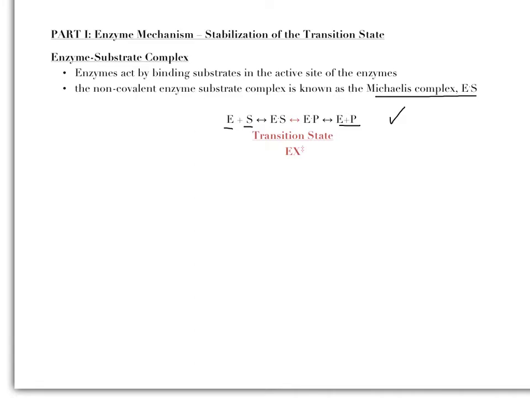This week we're going to expand on that mechanism a little bit and explore the nature of the ES complex, as well as to look at how that differs from this transition state complex, EX double dagger.